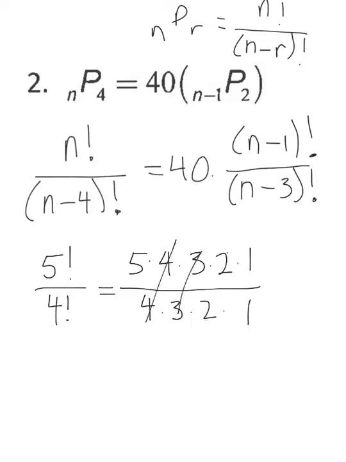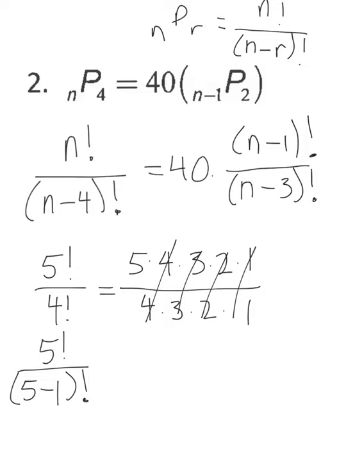So we see the 4s, the 3s, the 2s cancel, so we're left with 5. So when we have a number factorial, divided by 1 less than that number, 4 is 1 less than 5, we could write it like this, 5 minus 1, we see we end up getting the number 5.